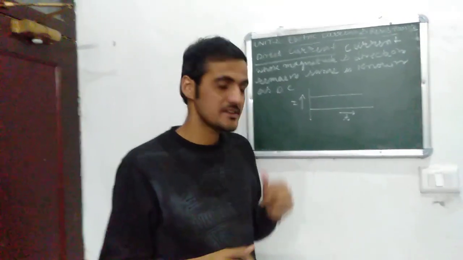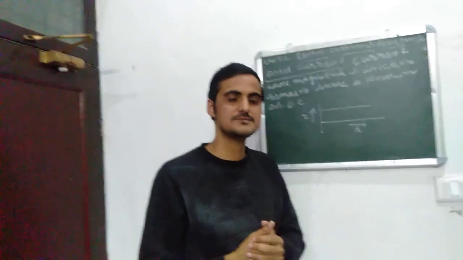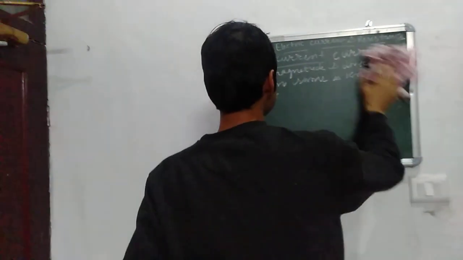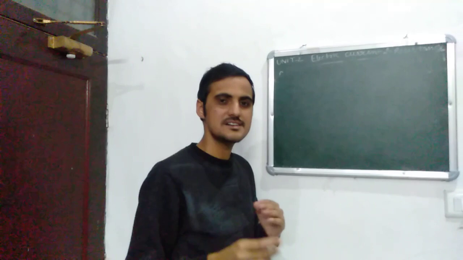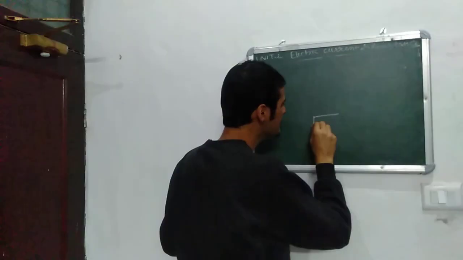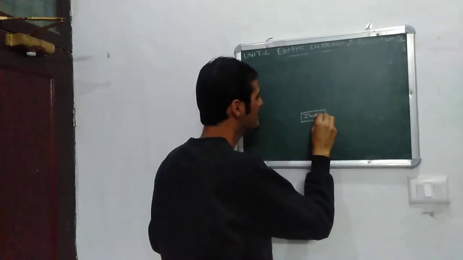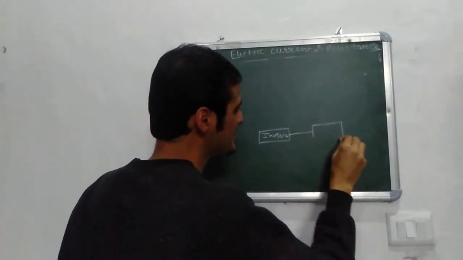Okay, I will explain everything, alternate current as well as direct current, with the help of a diagram. As you know, there is a device known as an inverter, which is attached to a battery.